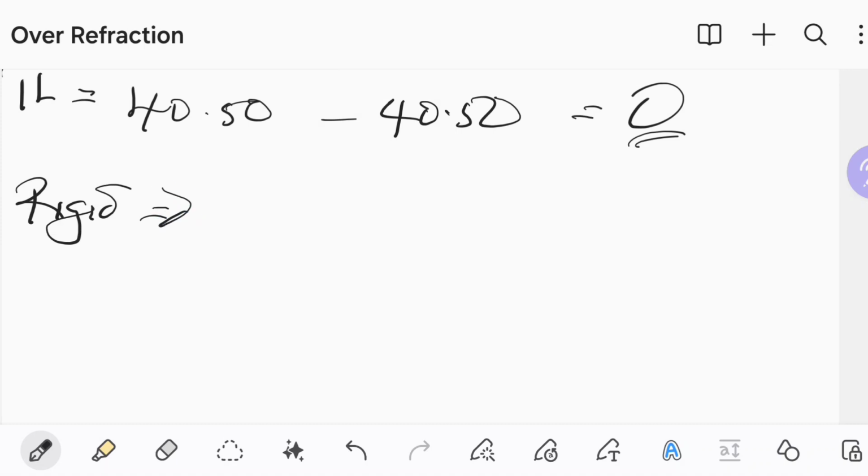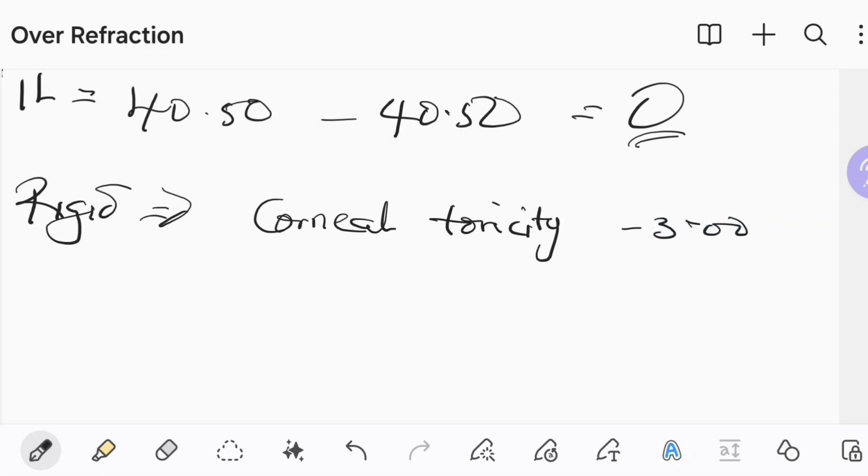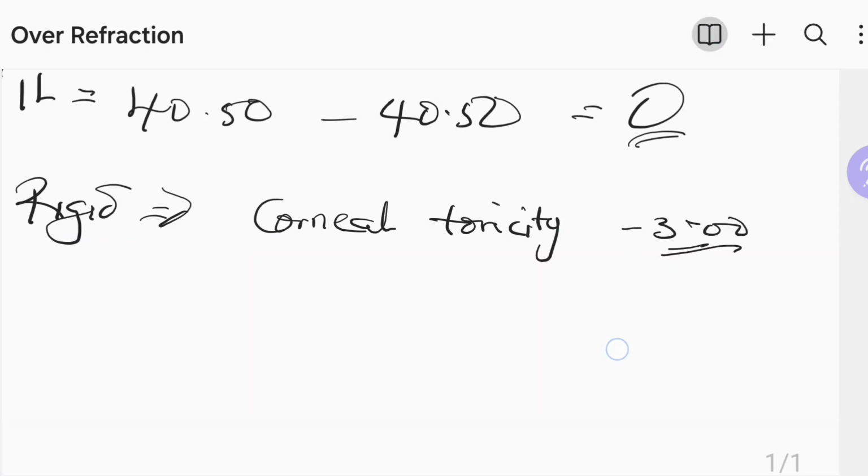Because a rigid lens takes care of corneal toricity up to, let's say, minus 3.00. So anything less than this, you can still use a rigid contact lens to take care of it. Okay, so let's keep going.